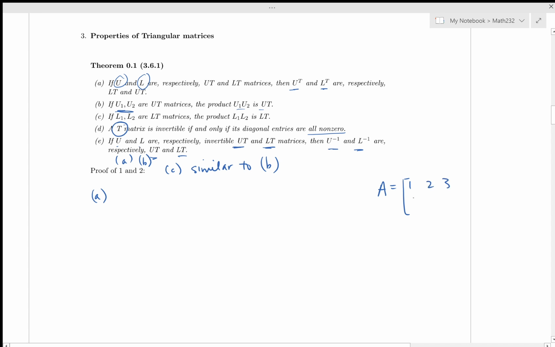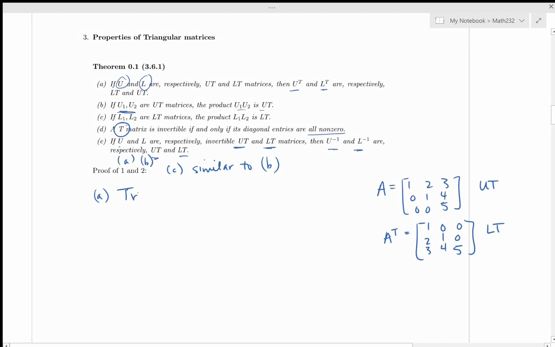This is an upper triangular matrix, and then I take the transpose. I get something that is lower triangular. Okay, so the proof of this is that transpose reflects the entries across the main diagonal.